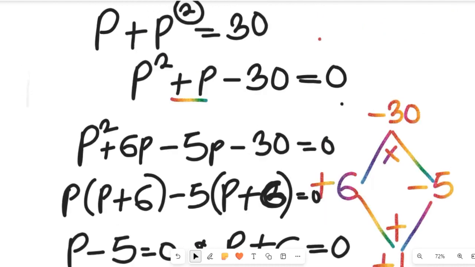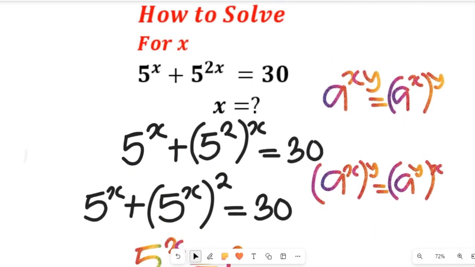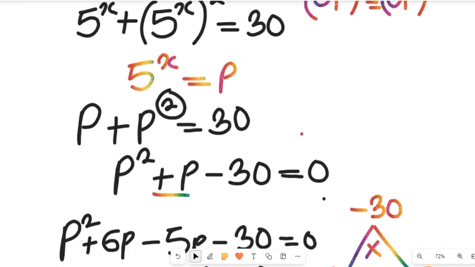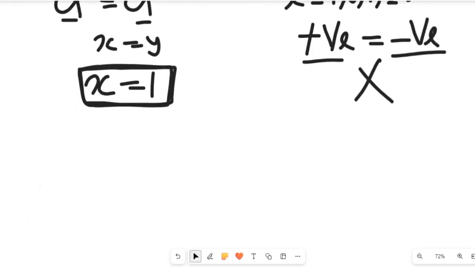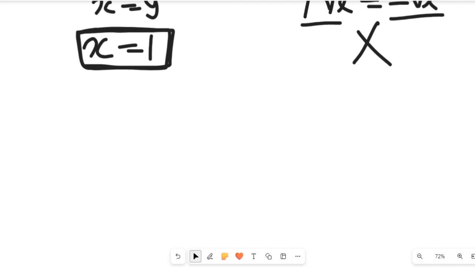Now let's test to see if our solution is absolutely right. We are given 5 to the power of x plus 5 to the power of 2x equal to 30. Will it give us the value of 30 at x equal to 1? Let's see.